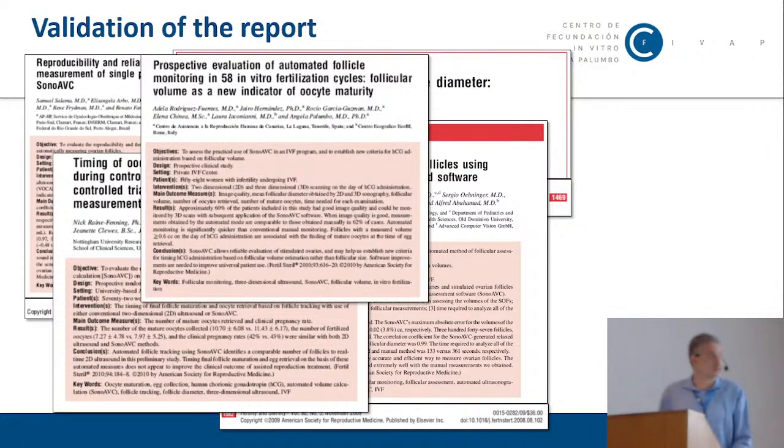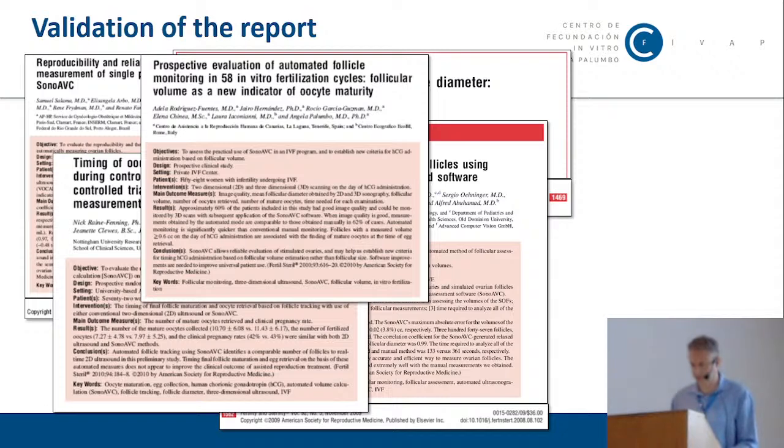Several articles have studied the relationship between follicular volume and diameter in different aspects: the correlation between follicular volume and diameter, the relationship between real volume and volume measured by SonoAVC, the feasibility of automatic measurement, and the relationship between follicular volume and oocyte maturity.